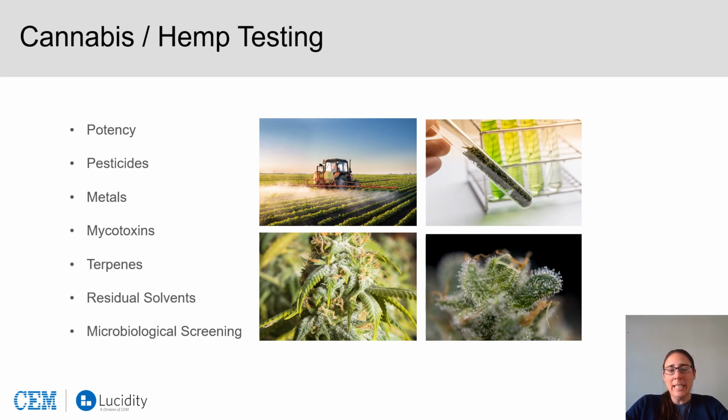You see the list on the left of all the different types of testing that is typically done within this industry, and CEM can help assist pretty much all of them. Really, we don't do anything with microbiological screening, but beyond that, we've got options for you within this sector.